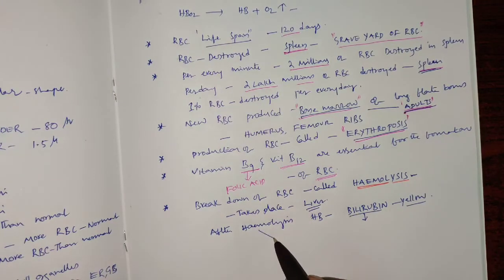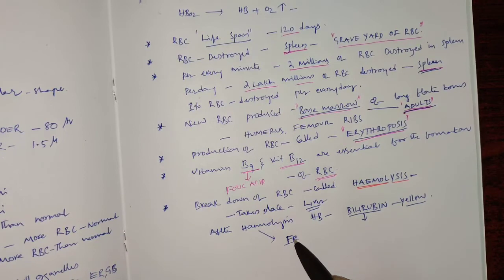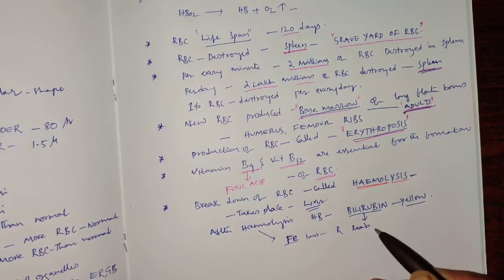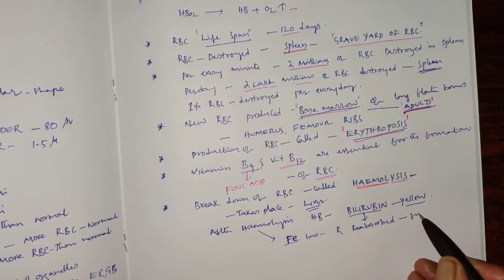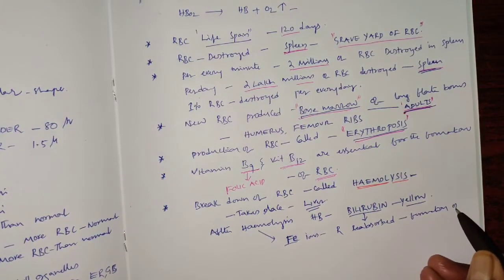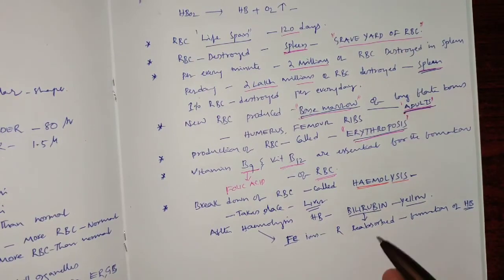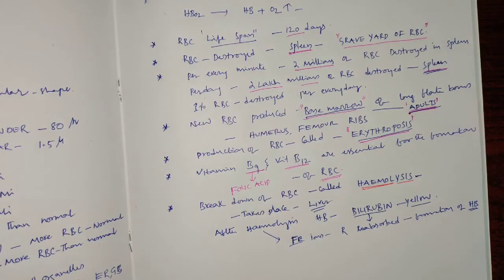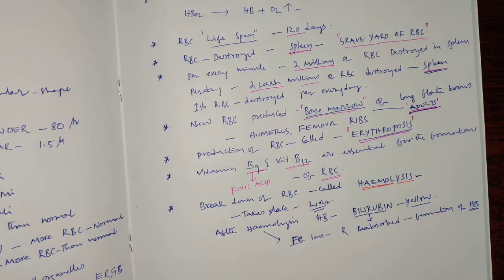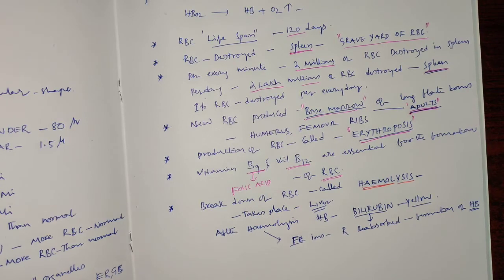And after the hemolysis, the iron, heme protein, Fe ions are reabsorbed for the formation of hemoglobin. The rest of the part becomes bilirubin, which accumulates in the liver and later is discarded along with the bile juice.